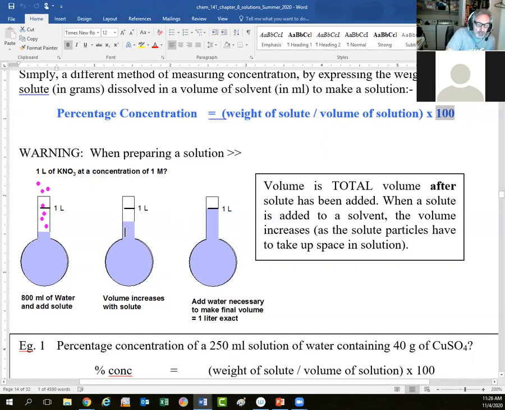So you want to make room for all of the solute to be added, and then add enough of your solvent, probably water, to bring the volume up to that desired level. If you start with the total volume and then add the solute, you're going to increase the volume of the solution and decrease the concentration. You've got to hit your target solvent volume.